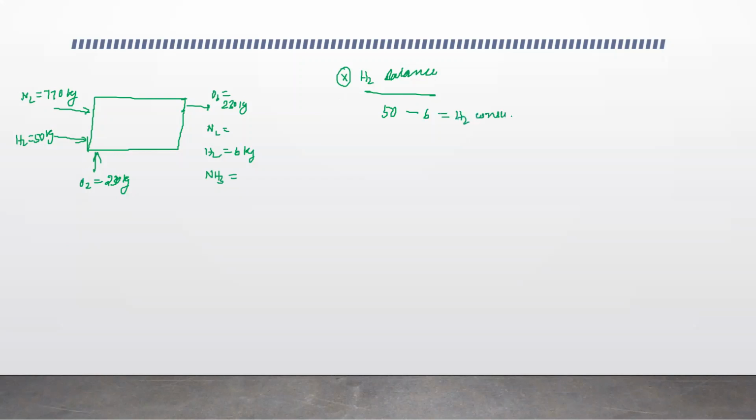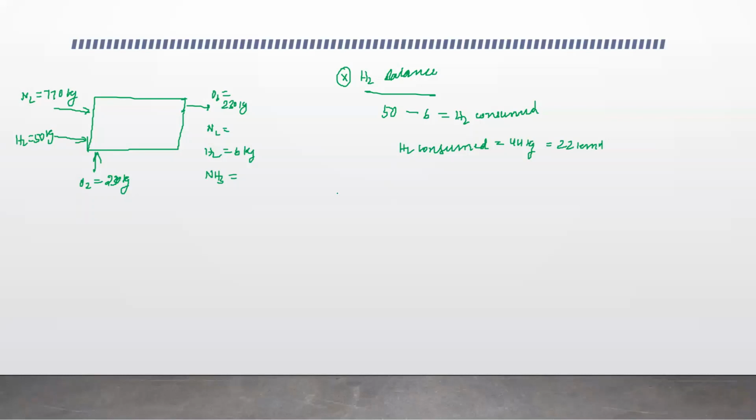Hydrogen in minus hydrogen out is hydrogen consumed. So that is equal to 44 kg, which is 44 by 2, that is 22 kilomole. So these many kilomoles of hydrogen have been consumed.